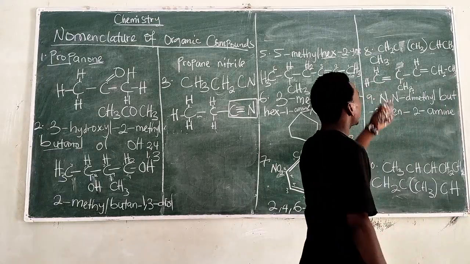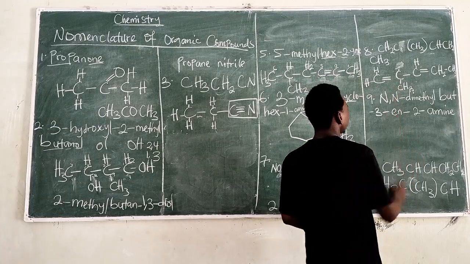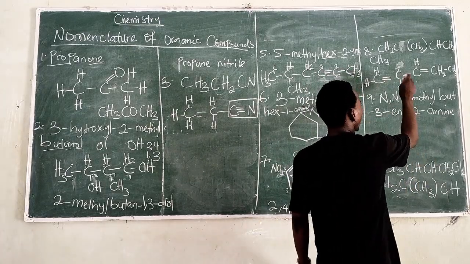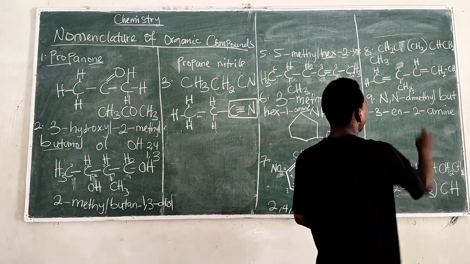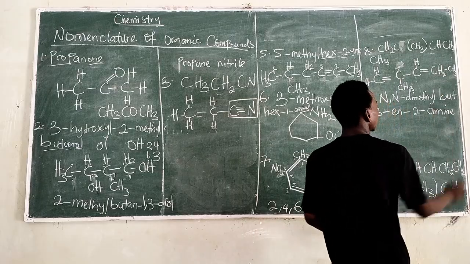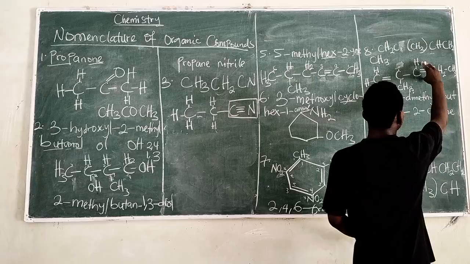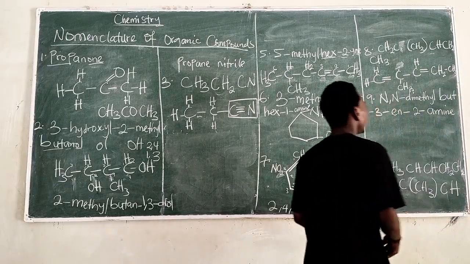So the first carbon is bonding to 1 hydrogen and is double bonded to this carbon. This particular carbon is single bonded to CH3, a methyl group, and is single bonded to this carbon, which is double bonded to this particular carbon. And this particular carbon is also complete because 2 hydrogen and 2 bonds here make it 4. This has 3 plus 1 here, making it 4.